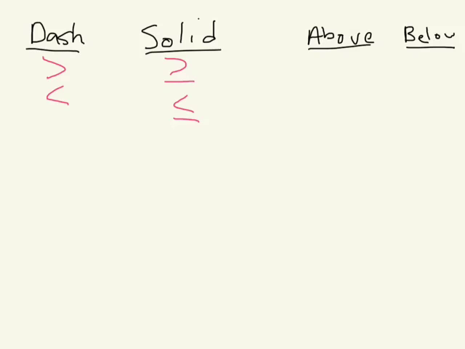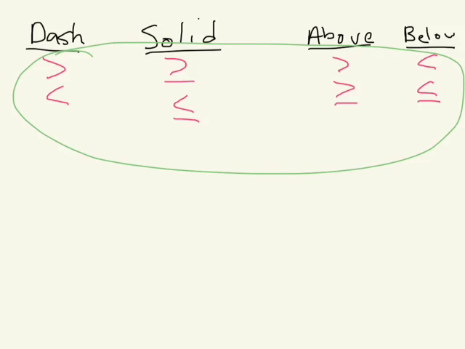If you're shading above your graph, you're going to be using those greater than signs, so greater than or equal to. And if you're shading below your line, you're going to be using less than or less than or equal to. Okay, so these guys are what tell you what to do with that line. I know all of you know how to actually graph a line, but using an inequality is a little bit different.